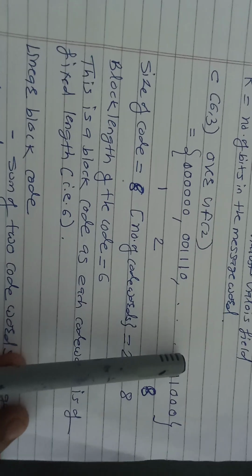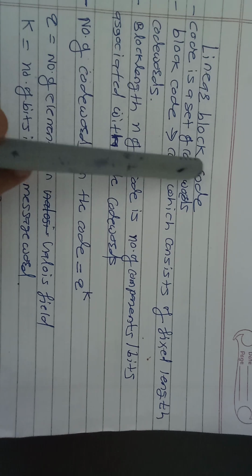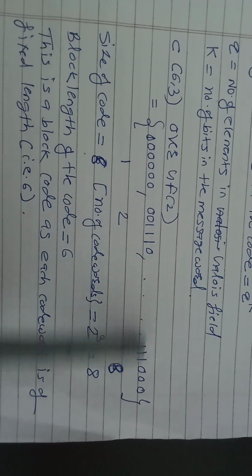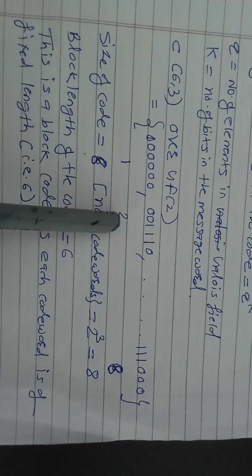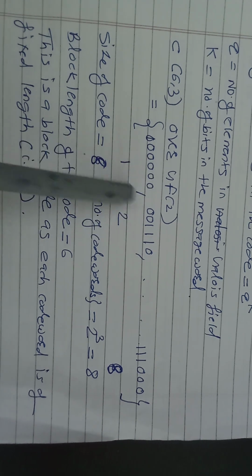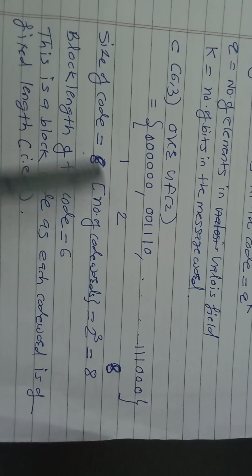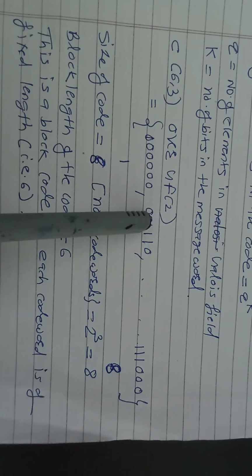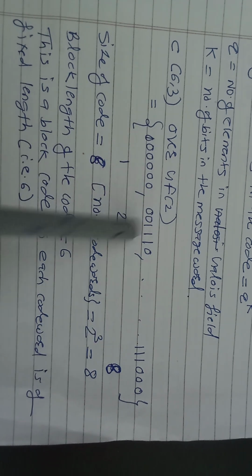Now let us see what is linear. Linear means, this is a set, and the first condition is that there should be an all-zero code word. So here there is an all-zero code word. The second condition is that if you add two code words, the result will again be in that group.